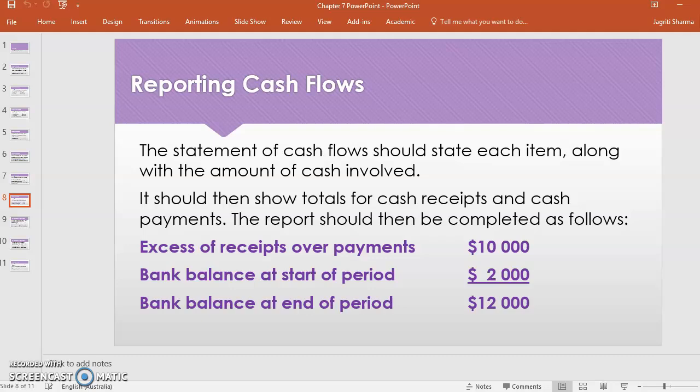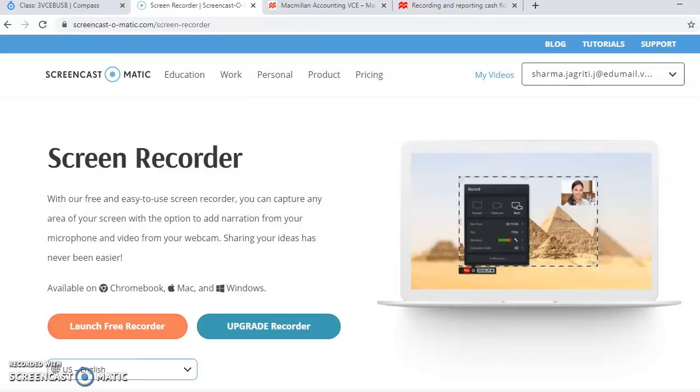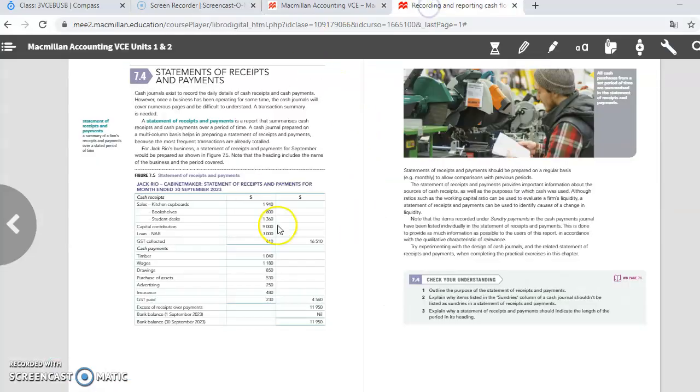Let me go to the book quickly. This is the statement of receipts and payments, 7.4 in your book. This is Jack Rio Cabinet Maker statement of receipts and payments for the month ending 30th of September 2023. This was a question in your previous example.